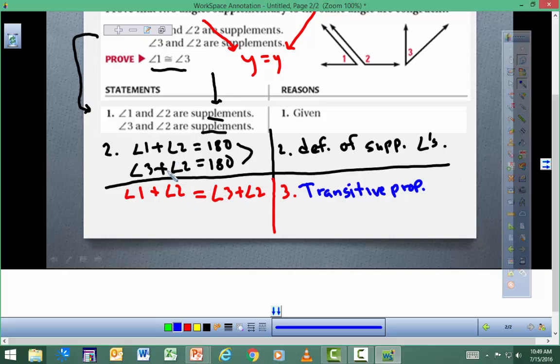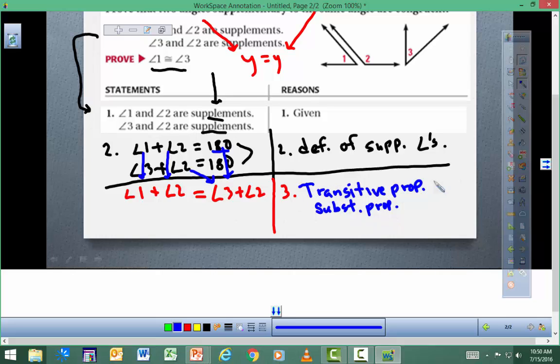transitive is the correct idea, because what you have is angles 1 and 2 here. So there's angles 1 and 2, right? And then you have 180 over here. Well, someone said that 180 is equal to angles 3 and 2, so you could think of it as substitution. All you do is substitute the 180 there, and you substitute it in that. So you could get by with substitution also. Substitution property.